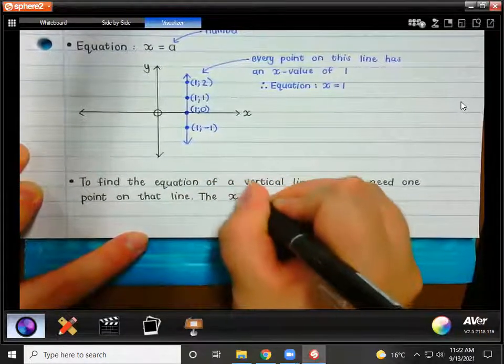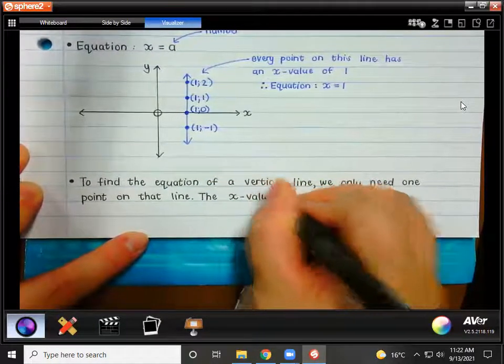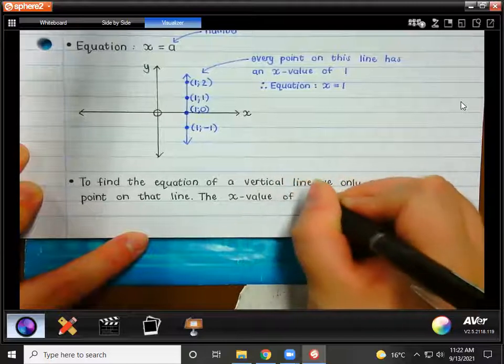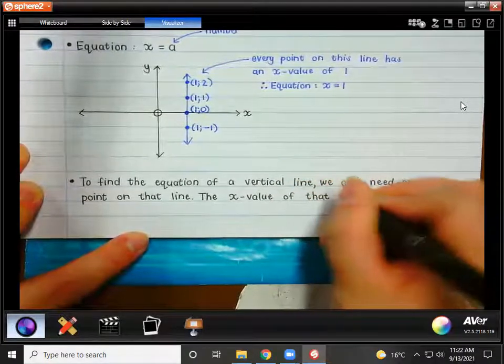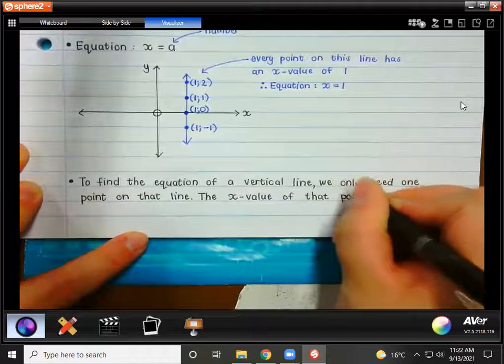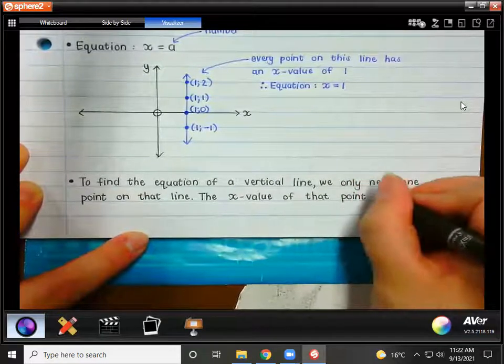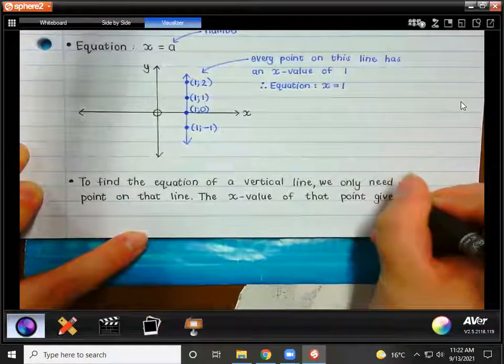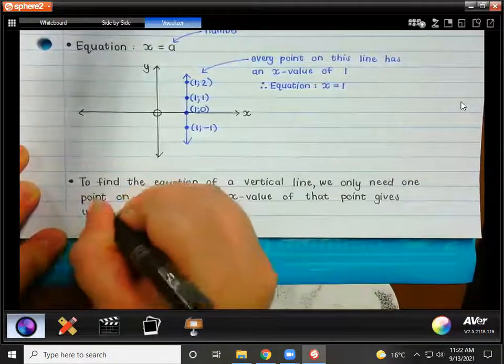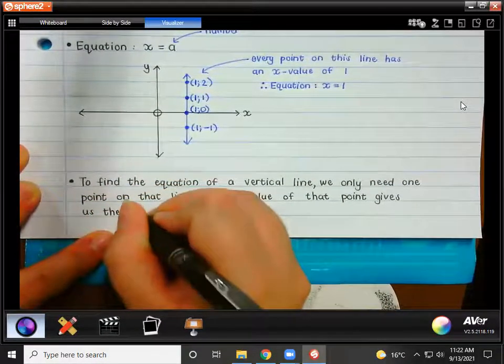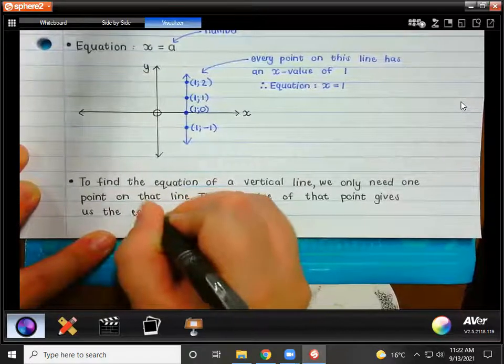The x value of that point gives us the equation of the line.